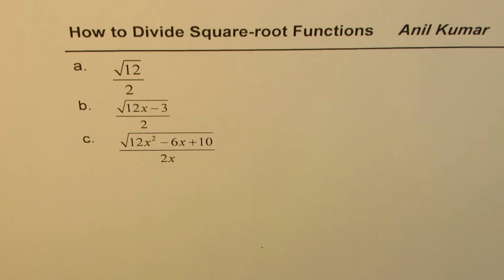Now for that simple question, I've actually created a list, because this is indeed a very difficult question to answer. So I'll move in steps and let us see how to divide functions with square roots and then also with other radicals.